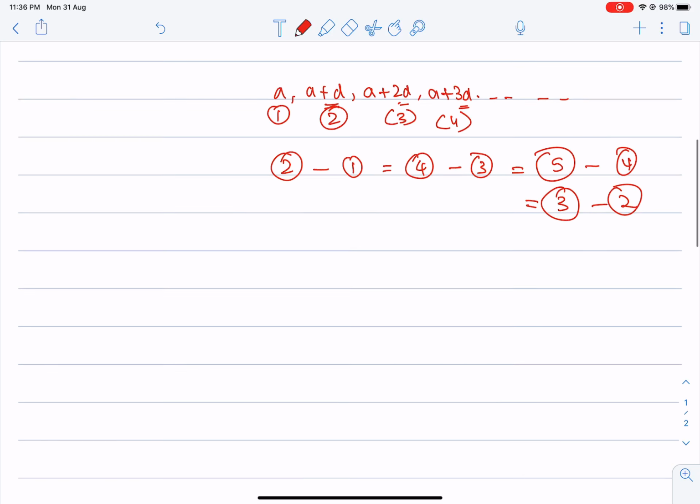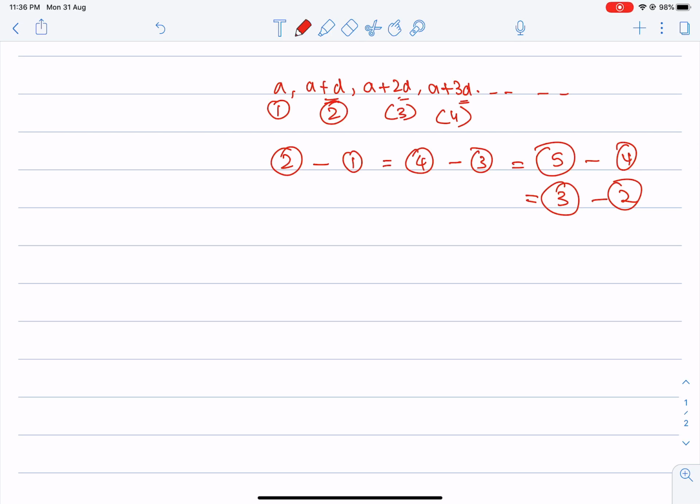But why, you may ask? So a plus d minus a, basically second term minus first term, will be equal to d. When you do third minus second, a plus 2d minus a plus d, that will be d, since 2d minus d is d.